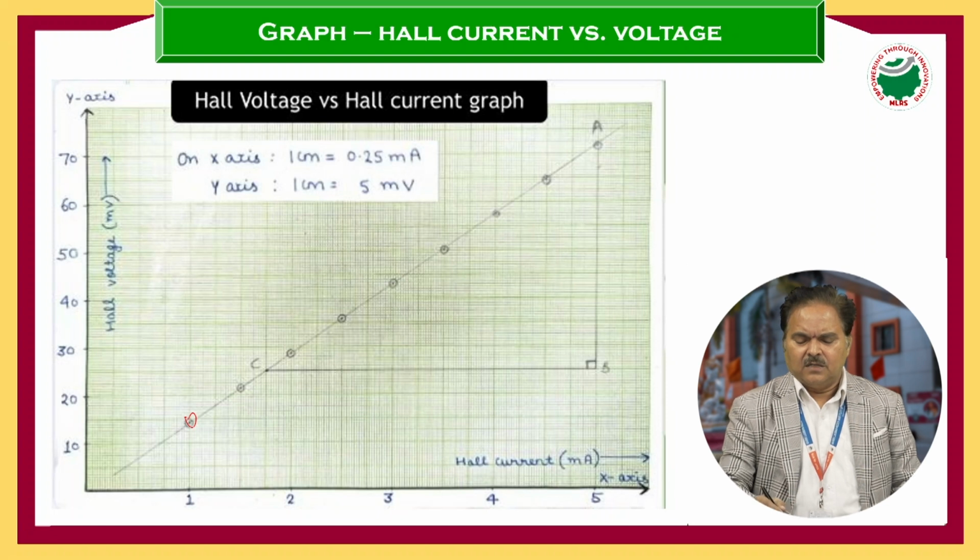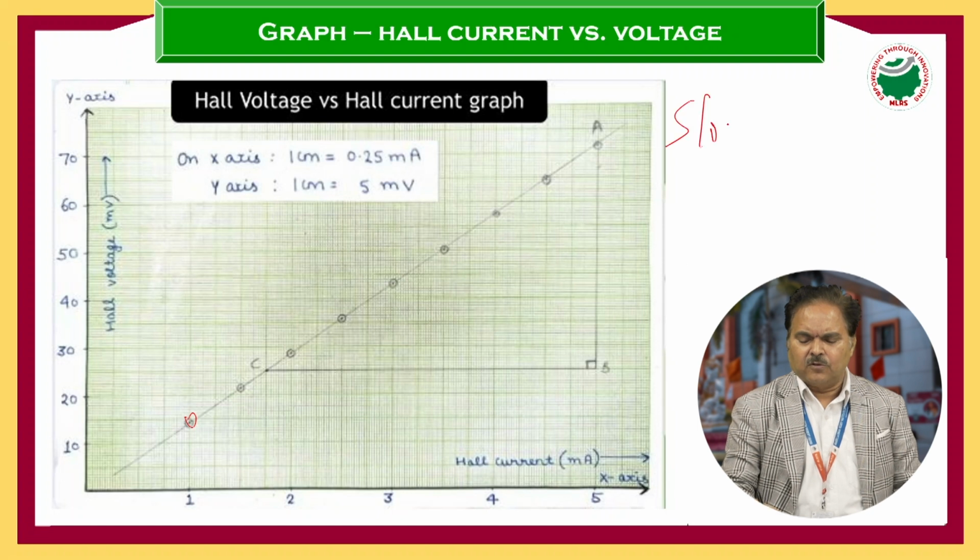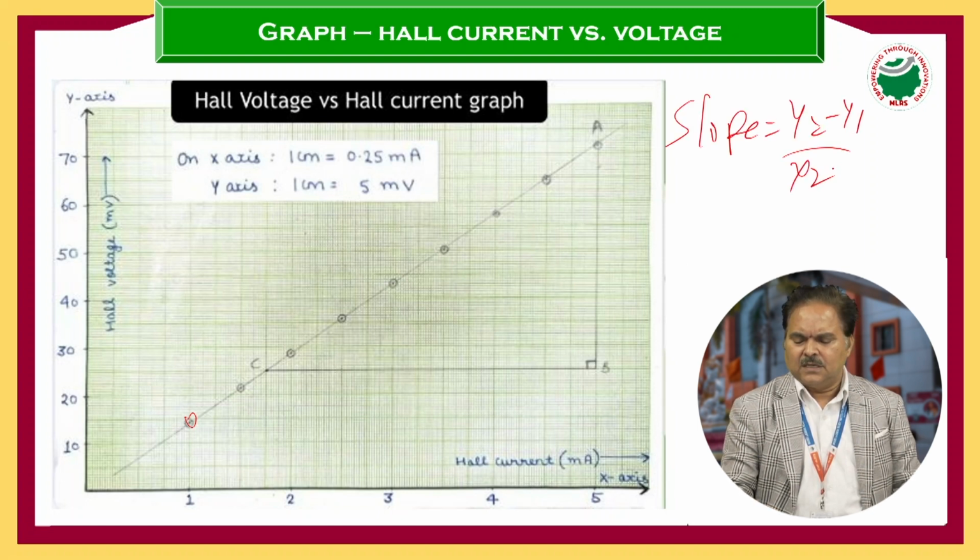Okay, then you just draw the slope. How will we calculate the slope? The slope is equal to y2 minus y1 divided by x2 minus x1. What is y2 here?